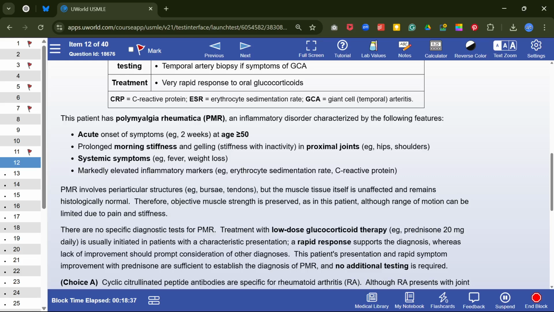Although rapid response supports the diagnosis, lack of improvement should prompt consideration of other diagnoses. This patient's presentation and rapid symptom improvement with prednisolone are sufficient to establish the diagnosis of PMR, and no additional testing is required.